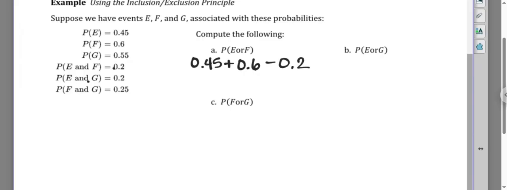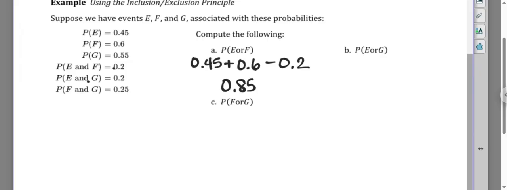The reason why we have to do this is because oftentimes when you add the probabilities, because things are counted twice, you end up with a probability over 1. So when I add this, subtract the overlap, or when it's been included twice, we get 0.85.